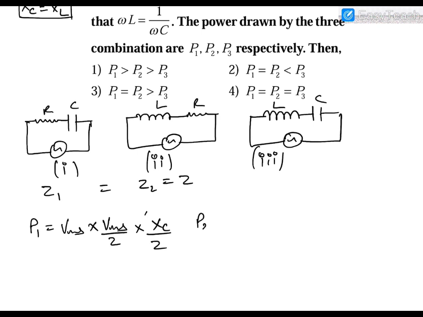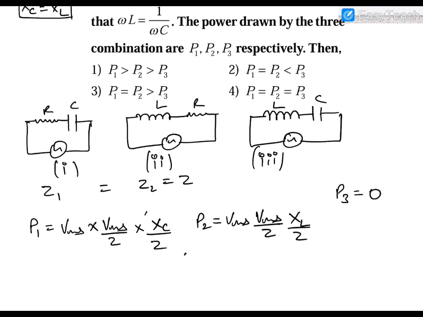And the power in the second one, obviously this power is average power loss. So it would be VRMS, and IRMS is again VRMS by Z, and cos phi is XL by Z. And the power loss in the third circuit will be 0 because there is no resistance present in that third circuit.